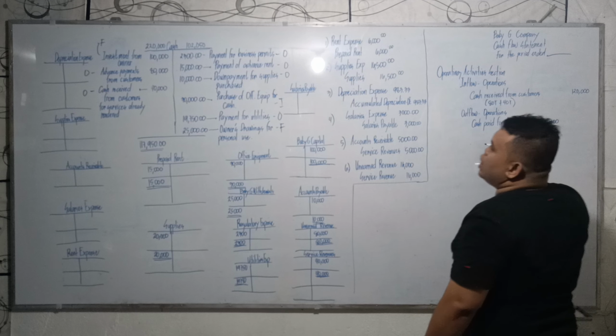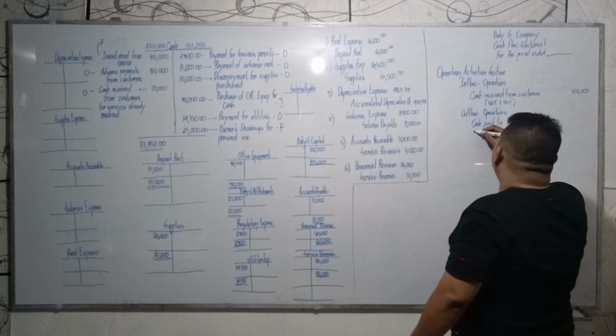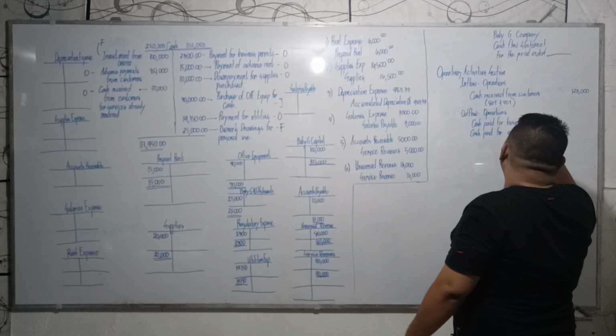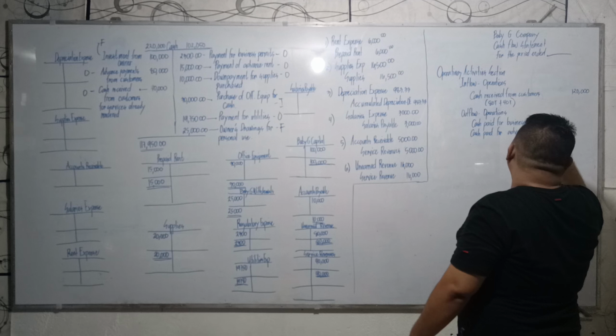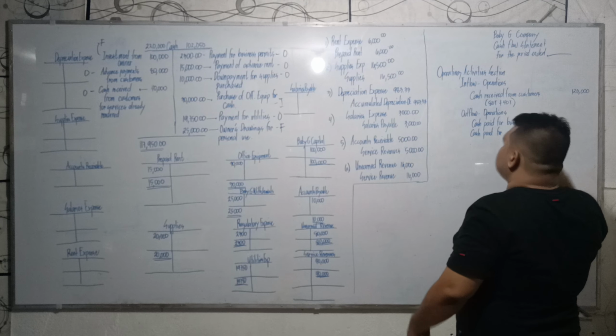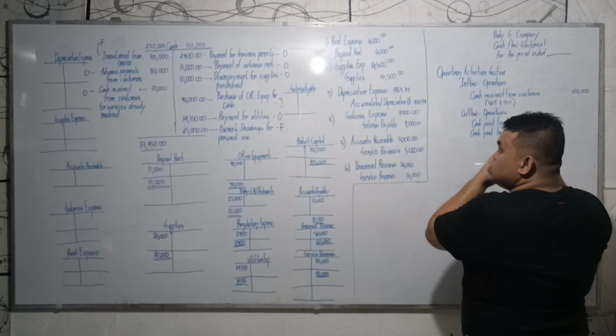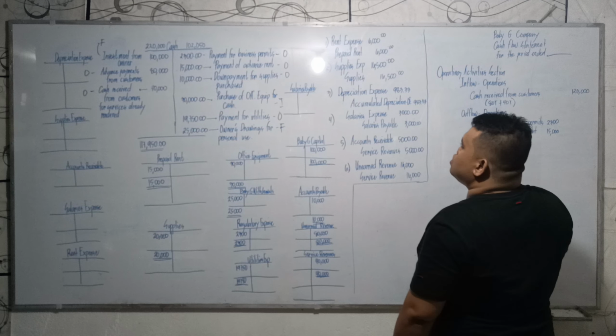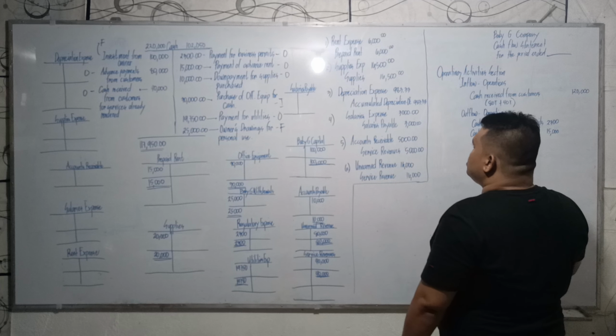And then we have cash paid for advance rent, which is 15,000. And then down payment for supplies.